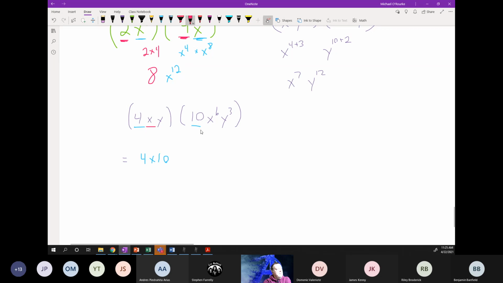And then this would be x to the 1 plus 6 and y to the 1 plus 3, which would equal 40 x to the 7 y to the 4. Perfect. Good.